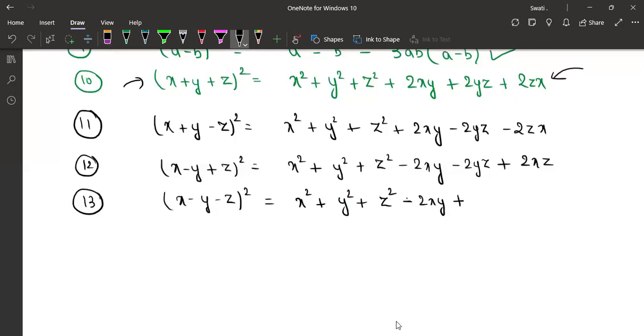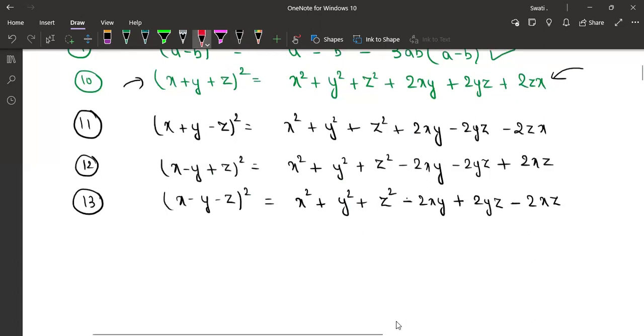Then plus 2 into minus y into minus z, but minus y into minus z is plus yz, and plus into plus is plus, so it is going to be just plus 2yz. And the last case is minus, of course, because here we have 2 into minus z into x, so that will become minus 2zx or xz, anything that you want to write.